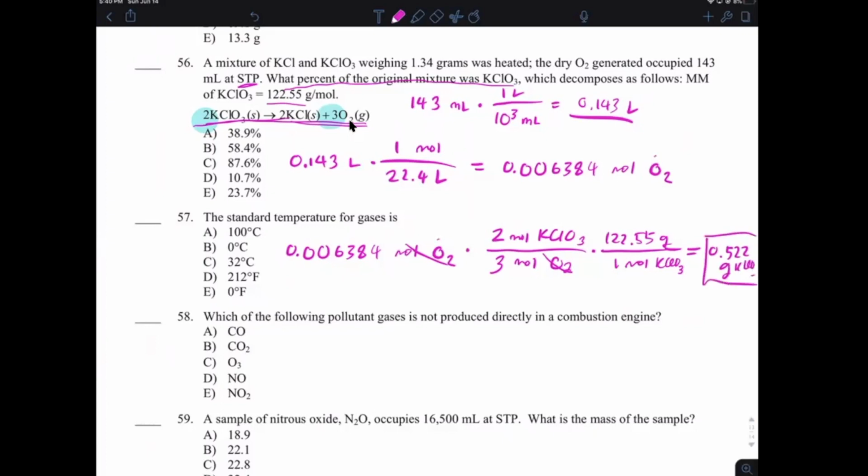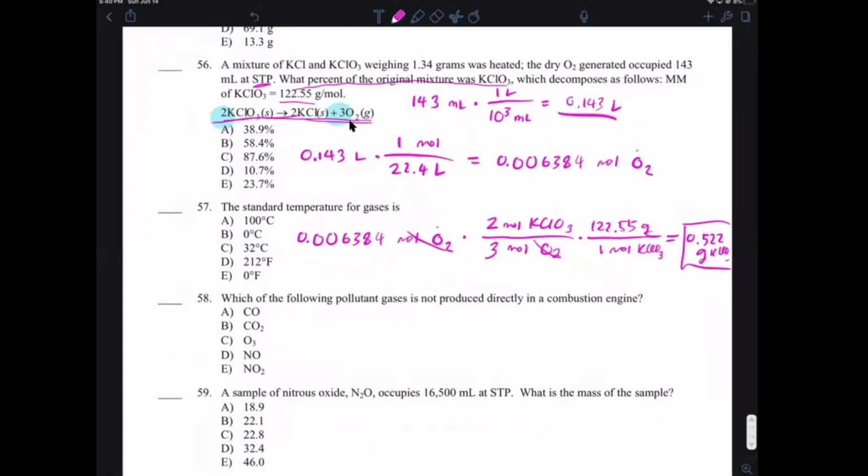All right, great. So now for our last step, it's asking us what percent of the original mixture was KClO3. So out of the total, which is 1.34, we had 0.522 grams of KClO3. So how should we find the percentage? We just take 0.522 divided by 1.34, and then we multiply by 100%.